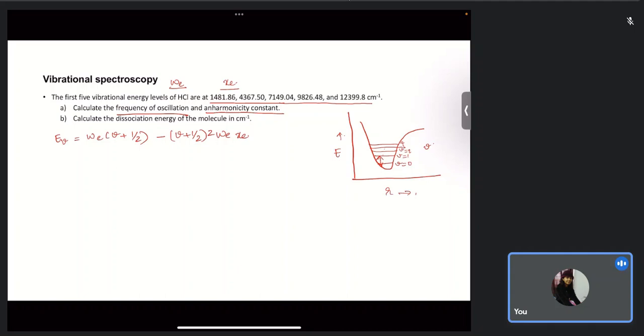So let me represent it here. So this is 1481.86, this is V equal to 0, V equal to 1, 4367.50.